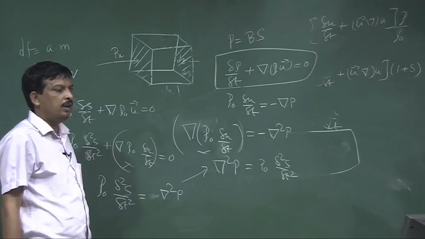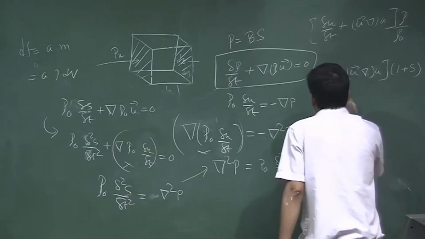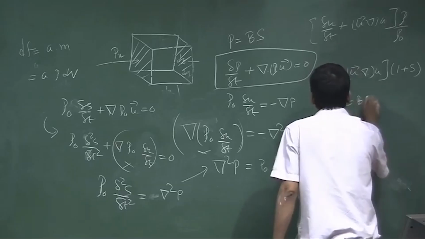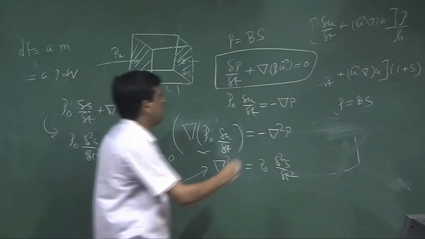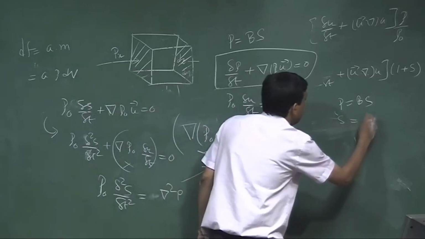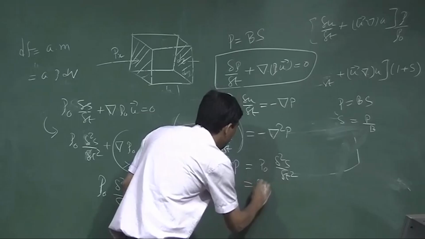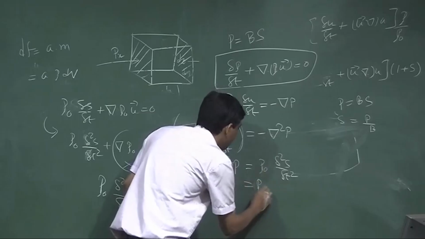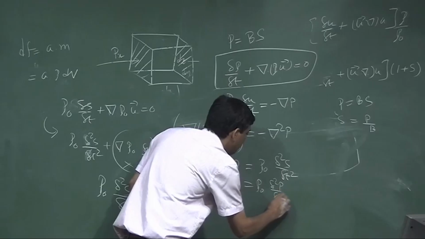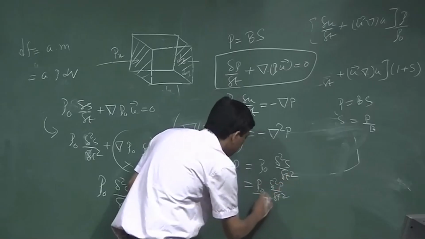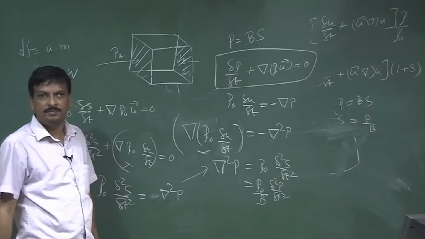Okay. Now, what do I get? I know p is equal to Bs. P is equal to Bs. What is S? P by B. So, instead of S, rho 0 del square p by del t square by B. Okay.